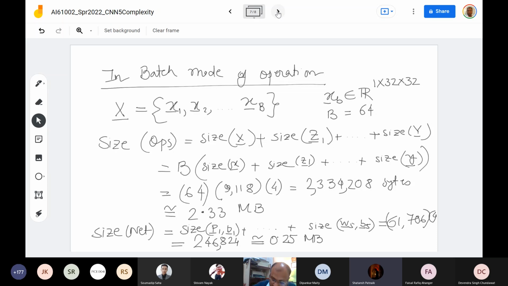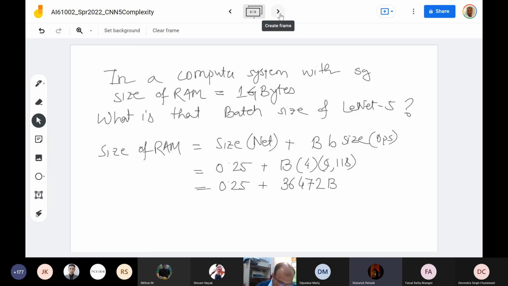So can you change the slide? 36. Yeah, just a minute. 472B. So this is 1024. I'm just writing in terms of MB over here.